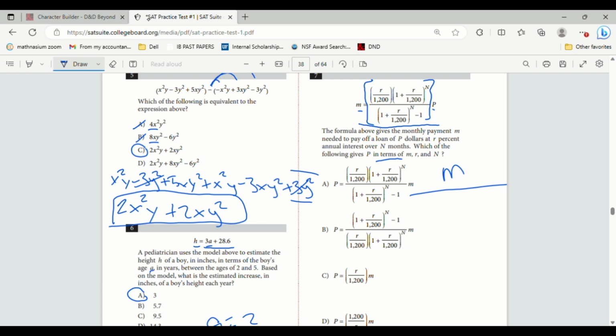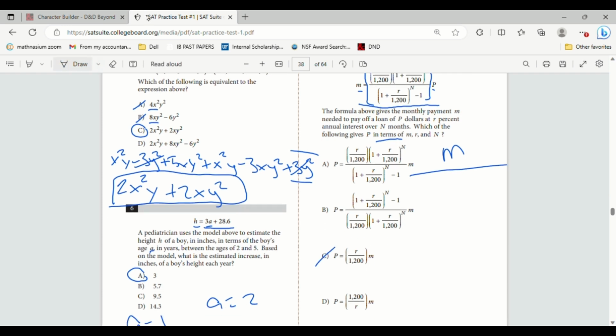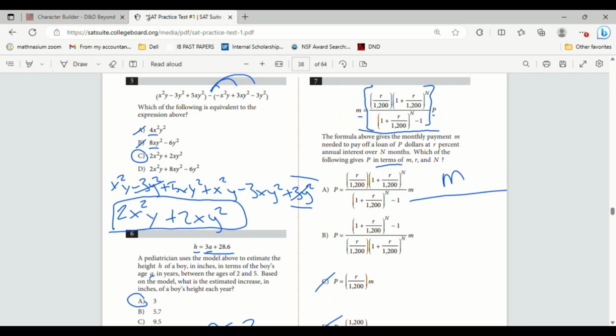And so from that, we can deduce that it can't be C, and it can't be D because they simply don't have enough. It's obvious that we're going to have either A or B. And so when you divide by something, for example, you can go back to that previous example of M equals 4P.